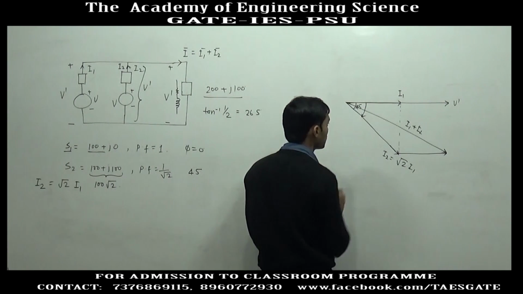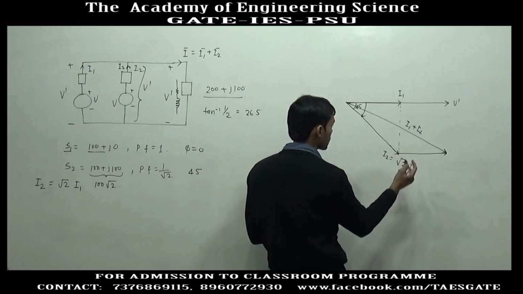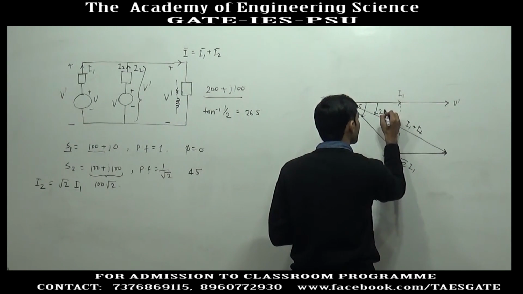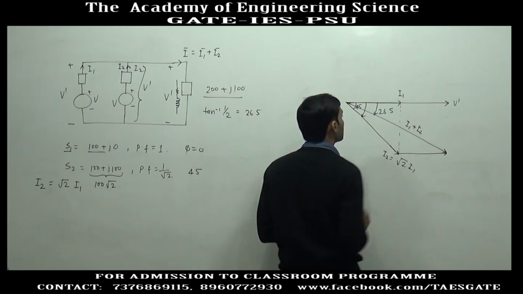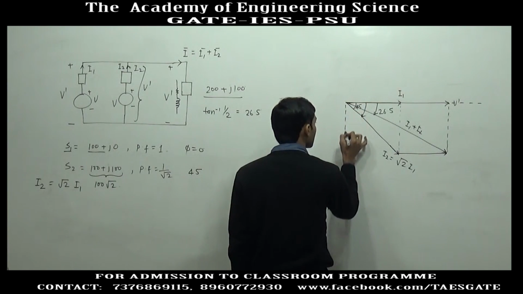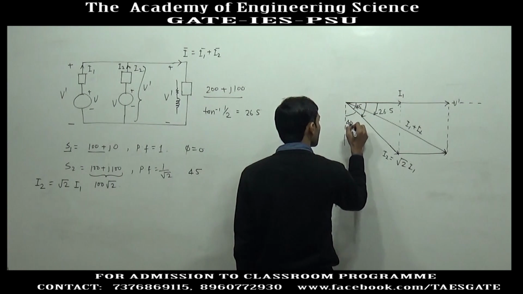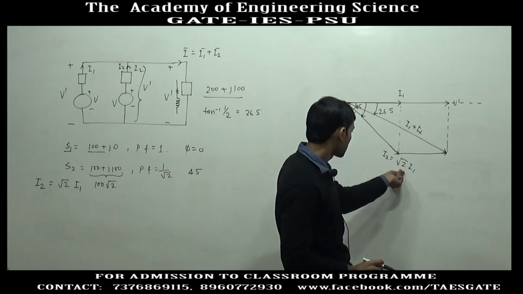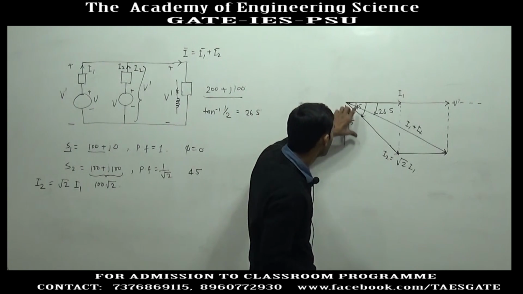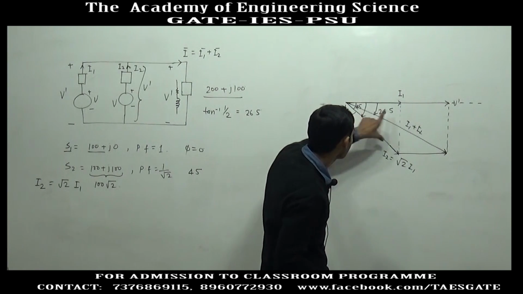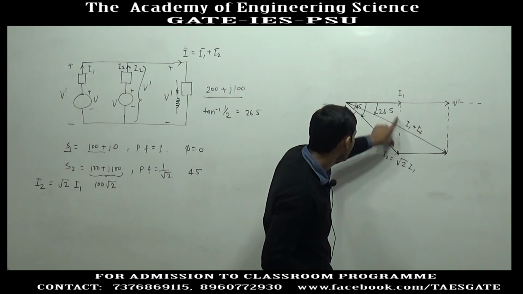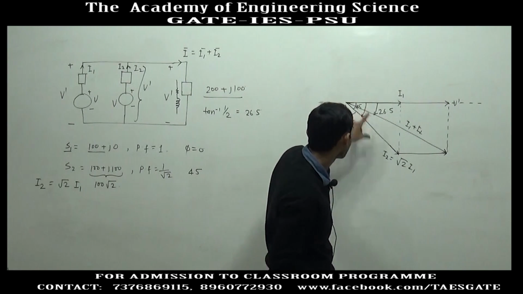Now, by the formula of vector summation, if we calculate this angle, it will come out to be 26.5 degrees. If this angle is 45 degrees, this angle will also be 45 degrees. If this is root 2 I1, then this height will be root 2 I1 into sine 45 degrees.